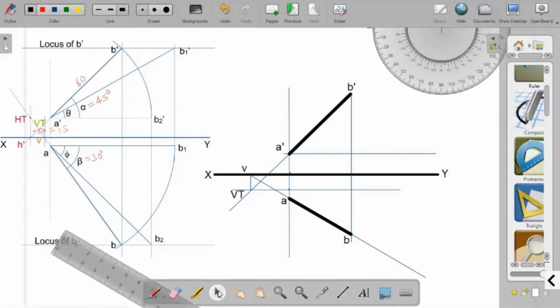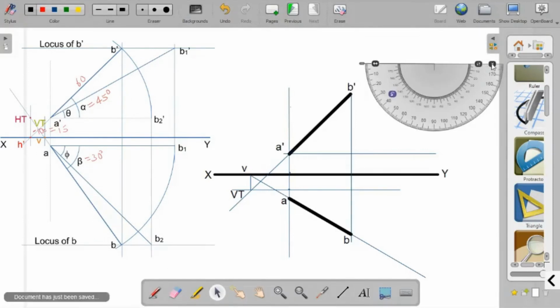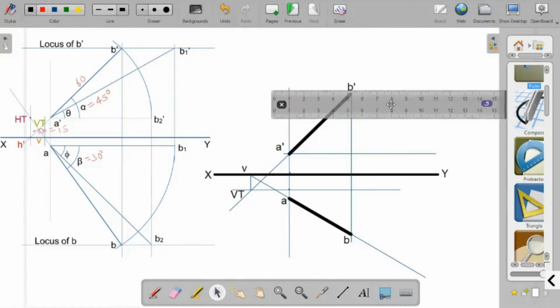Now what we have to do is draw the locus of B dash.